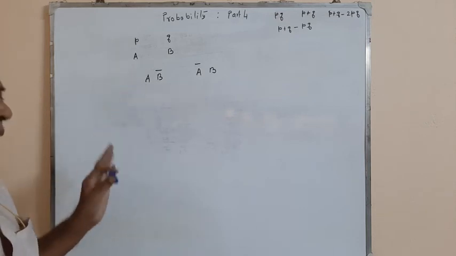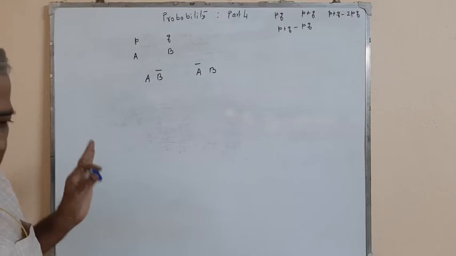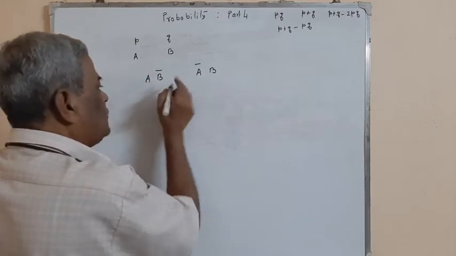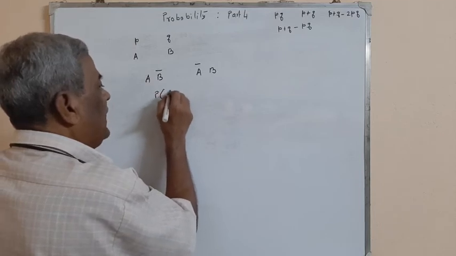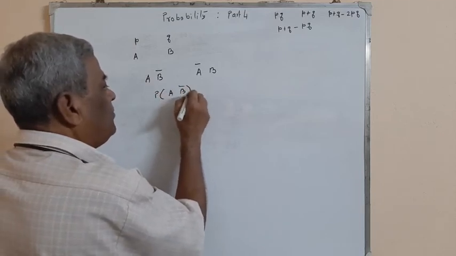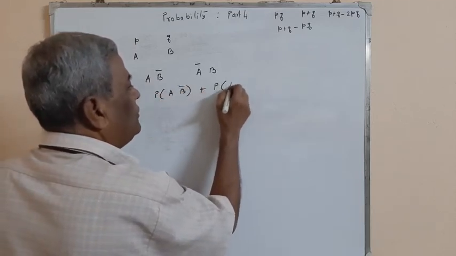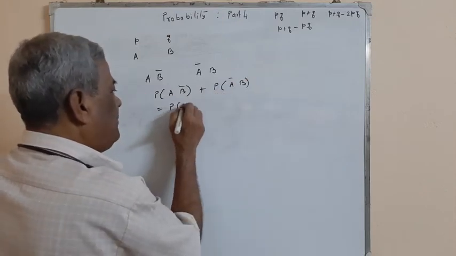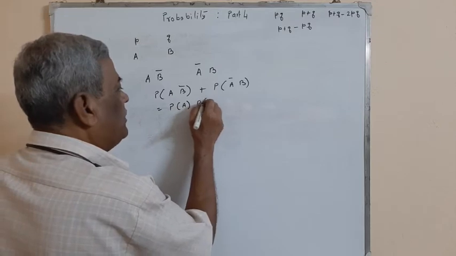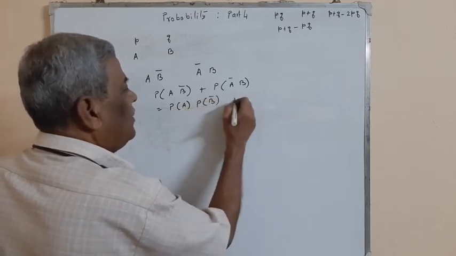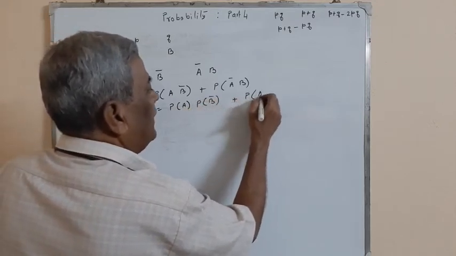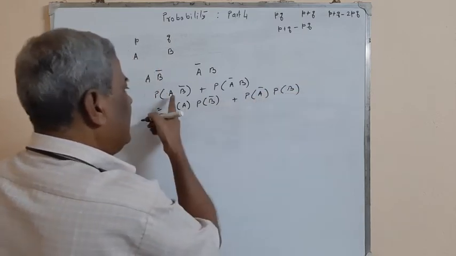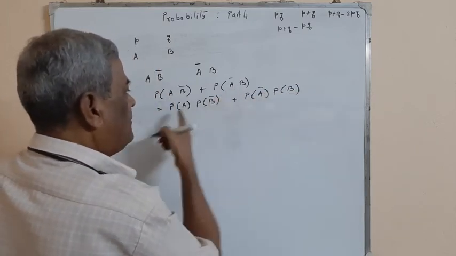Now A and B solving it are independent events. So it is equal to probability of A B bar plus probability of A bar B, which is P(A) into P(B bar) plus P(A bar) into P(B), because they are independent.